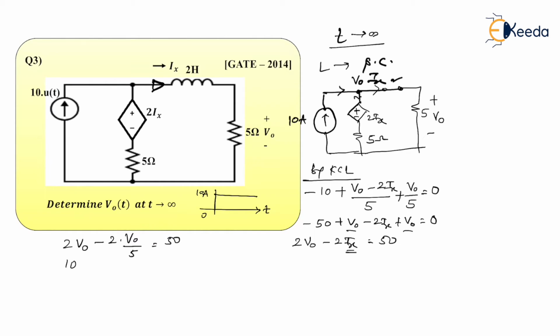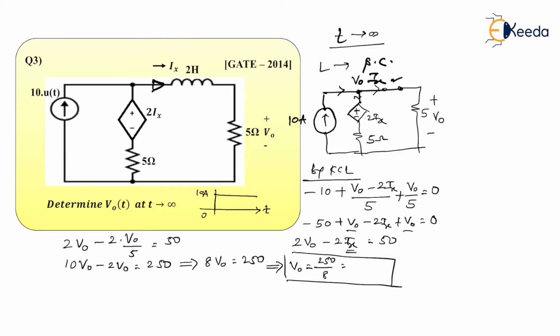So it is 10 V naught minus 2 V naught equal to 250, which comes out to be 8 V naught equal to 250. So now you will have V naught equal to 250 divided by 8, which comes out to be 31.25 volt.